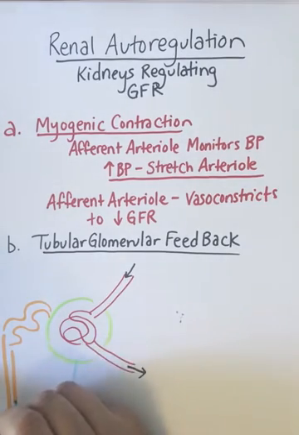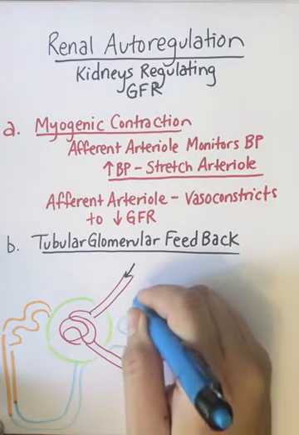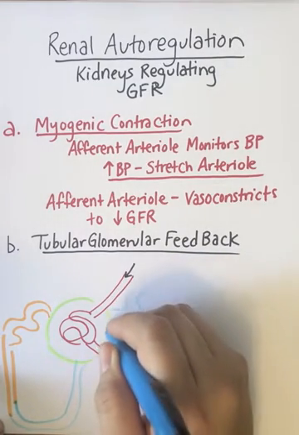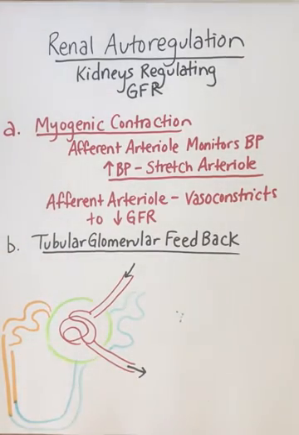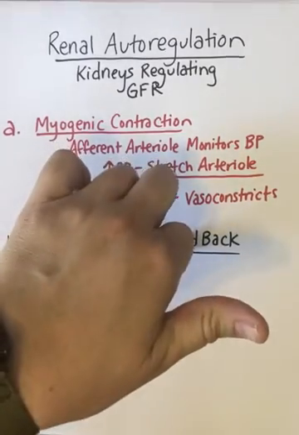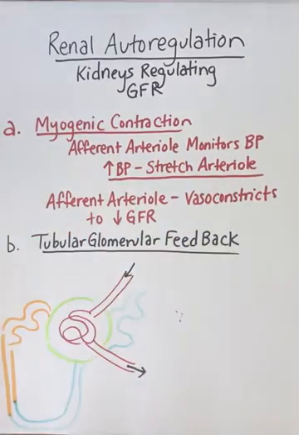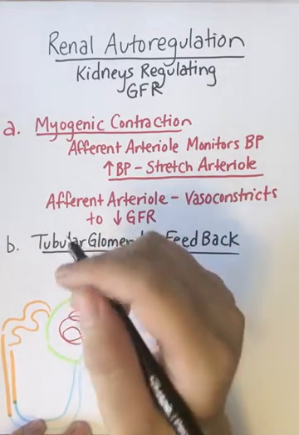I'm going to stretch this out. And then you're going to have your distal convoluted tubule, which sits right next to your efferent arteriole. So what we're looking at is tubular glomerular feedback, and this is specifically going to happen at the distal convoluted tubule.